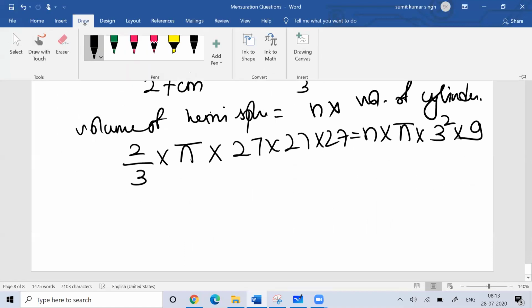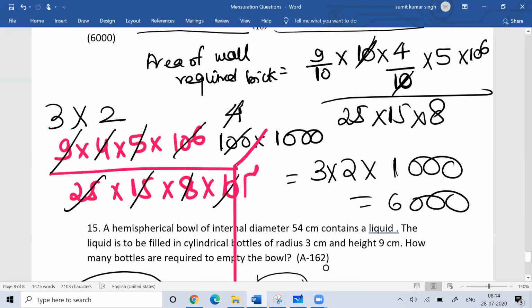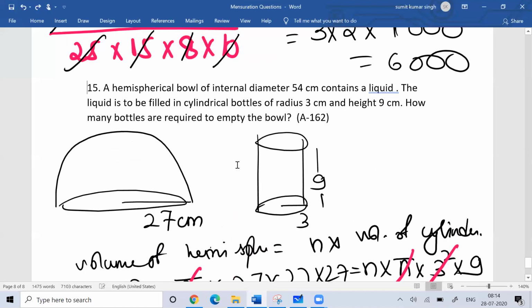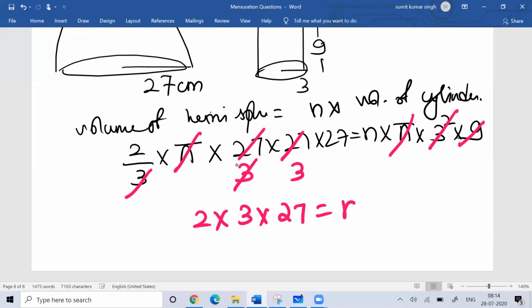So I can cancel pi and pi. 3 square is 9. 3 3s get cancelled. So you get 2 into 3 into 27 is equal to n.